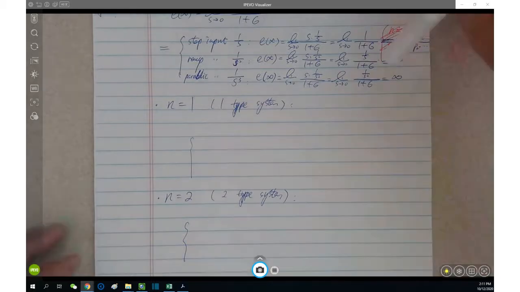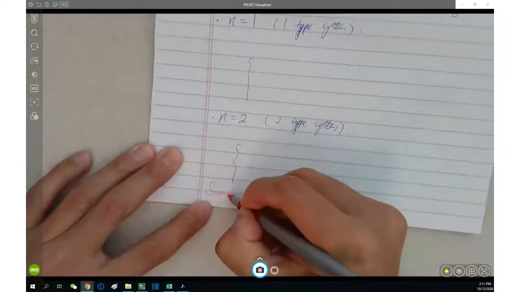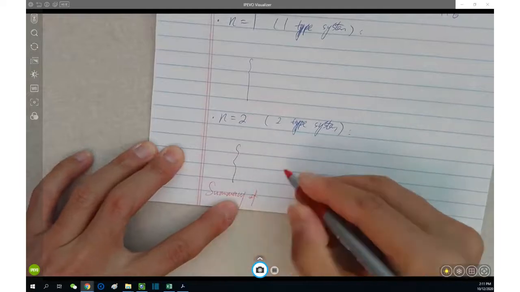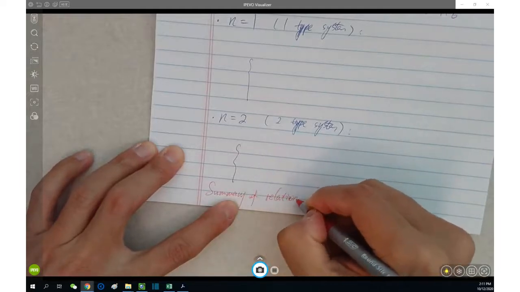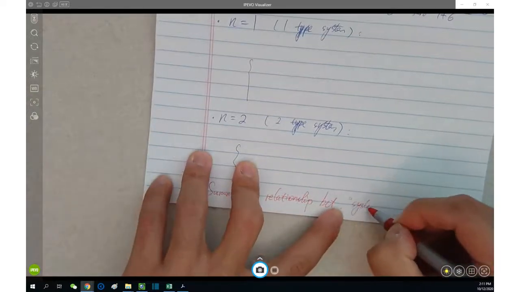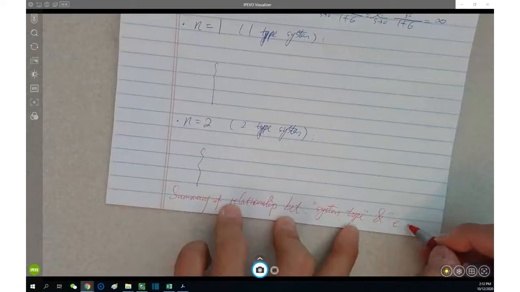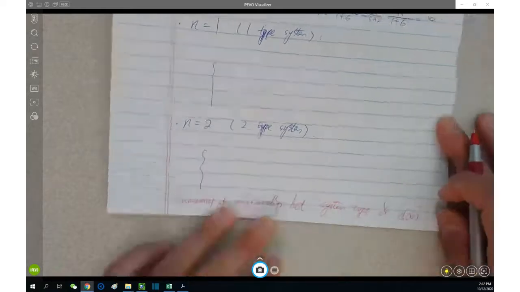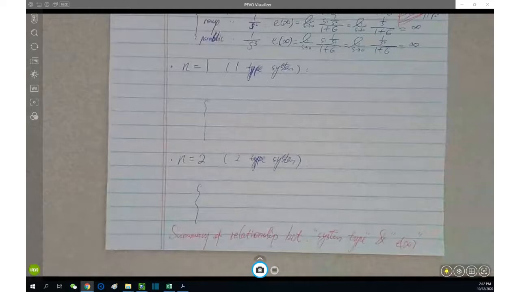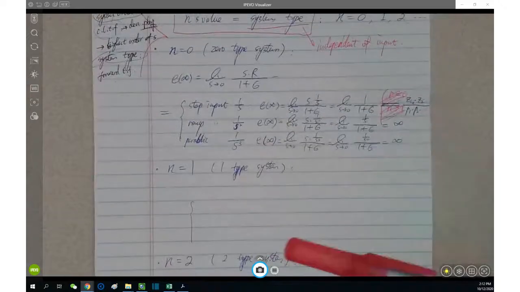Okay, I'm going to provide a better summary of the so-called relationship between system type and steady state error, maybe by next lecture. But the basic idea and how I derive that summary is presented here.